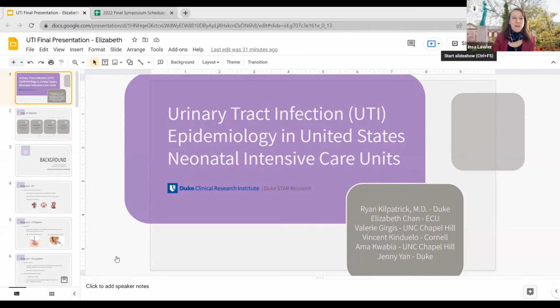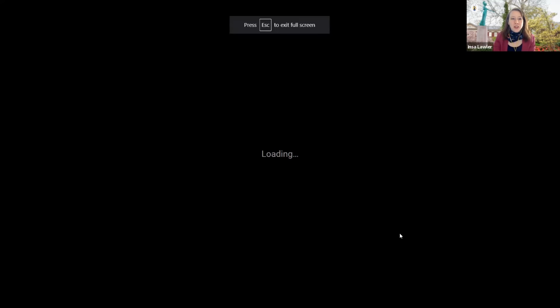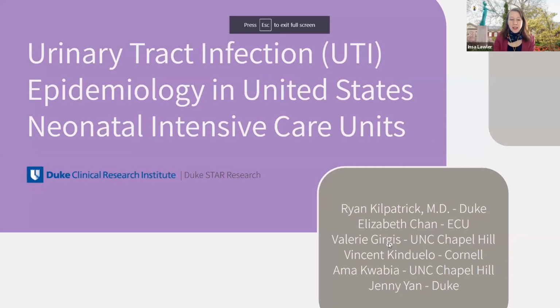She's a junior at East Carolina University and has a double major in biology and Hispanic studies on the pre-med track. She's also an honor student at East Carolina University, and she has already quite a bit of research experience under her belt. She conducted research at the Duke Clinical Research Institute, and she's also working for the East Carolina Diabetes and Obesity Institute. So that's pretty impressive for a junior.